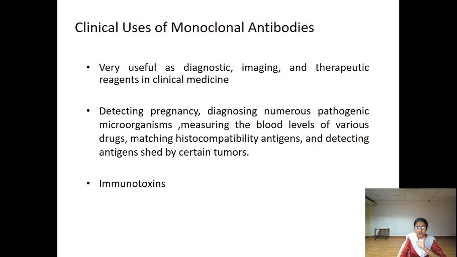The clinical uses are as diagnostic, imaging and therapeutic reagents. They detect pregnancy, help in diagnosing various pathogenic organisms, measure blood levels of various drugs, match histocompatibility antigens, detect antigens shed by certain proteins, and also act as immunotoxins. So this is about monoclonal antibodies.